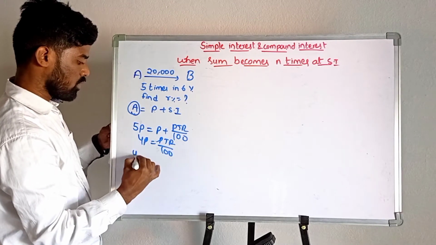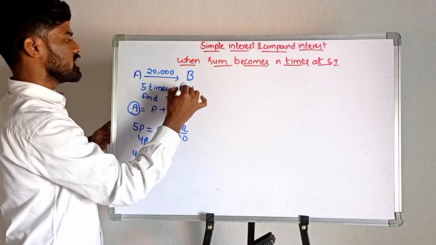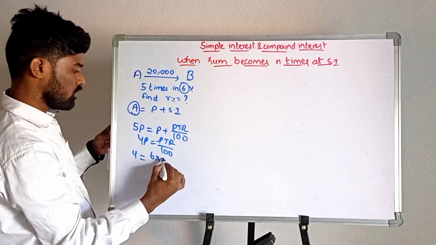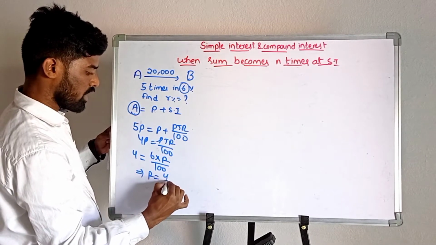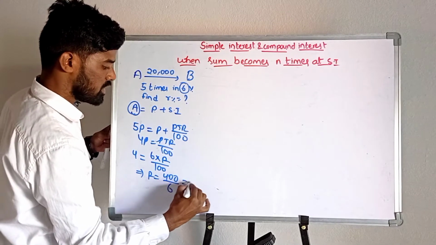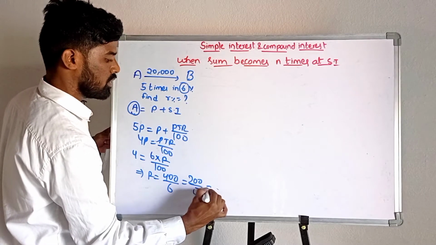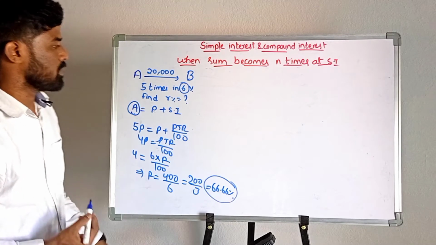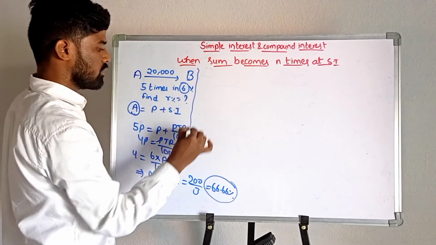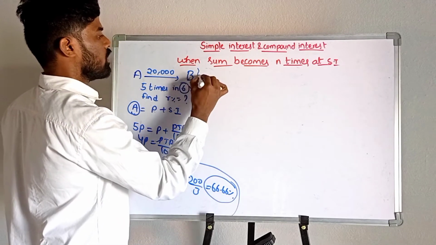P gets cancelled. 4 is equal to T, 6 years, into R divided by 100. R is equal to 400 divided by 6, which is 200 by 3, 66.66%. R is 66.6%.